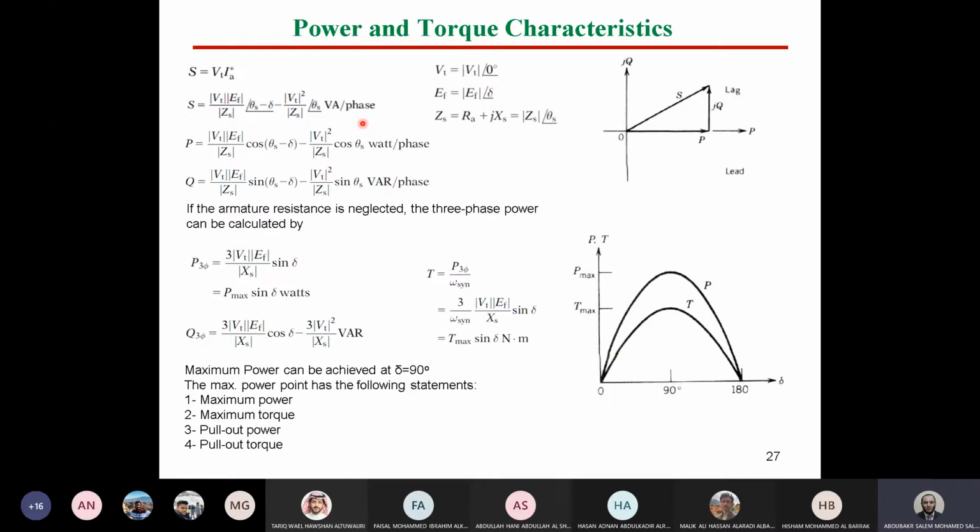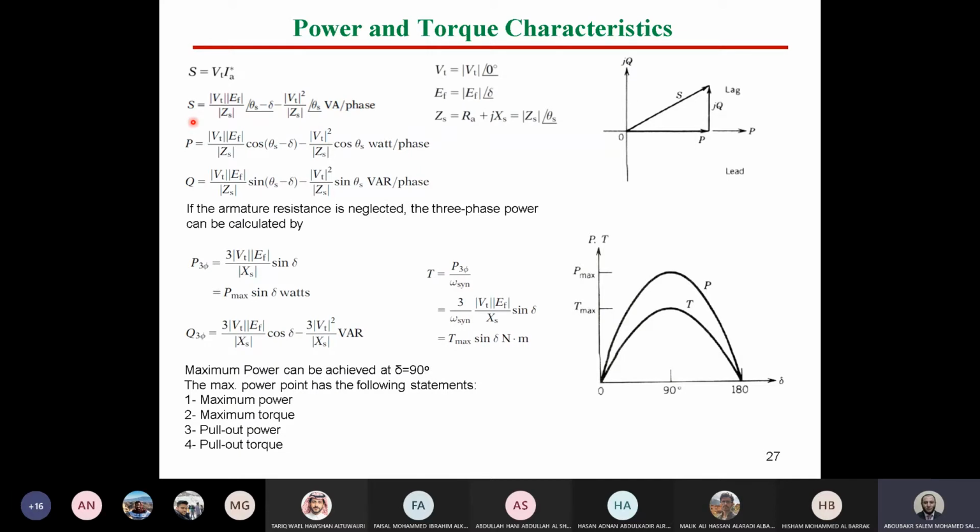If we get the current from the synchronous machine equation and substitute in this relation, you will find that S equals V terminal EF over ZS at angle theta S minus delta, where theta S is the angle of the impedance, minus V terminal squared over ZS at angle theta S. So this is the relation of apparent power.